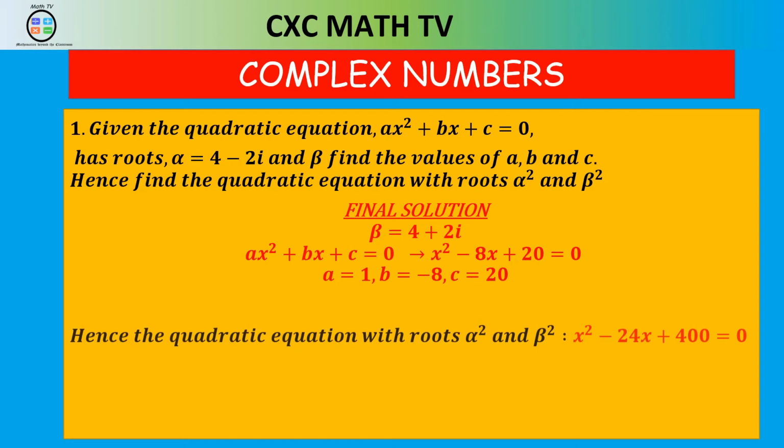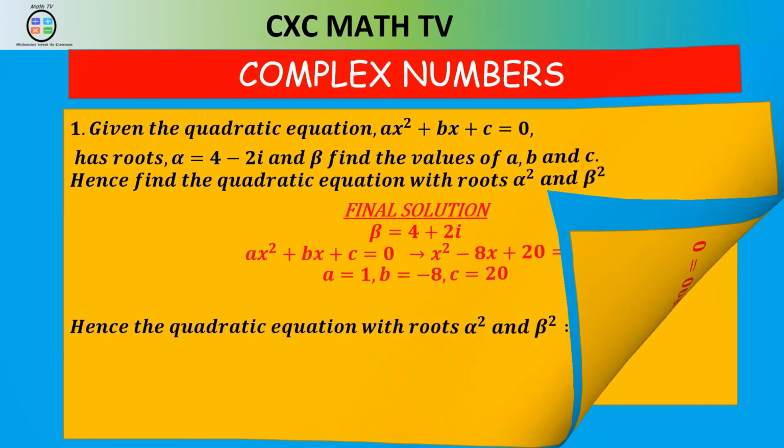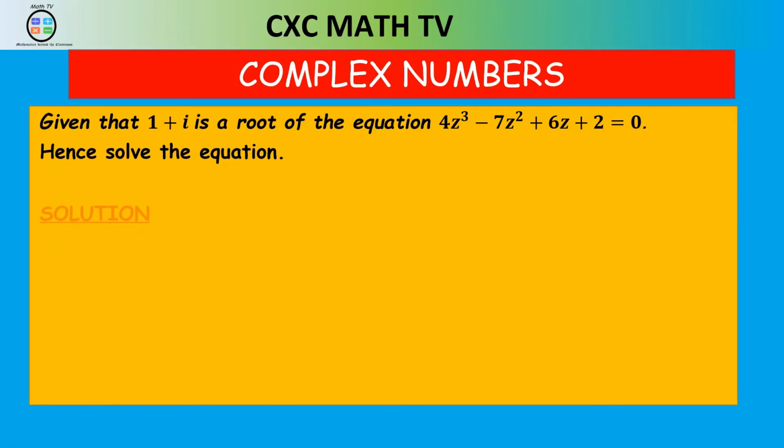Now let's take a look at a more challenging one, question 2. Given that 1 plus i is a root of the equation 4z cubed minus 4z squared plus 6z plus 2 equals 0, hence solve the equation. Now if 1 plus i is a root, then what do we know? Complex roots occur in conjugate pairs, so 1 minus i is also a root.